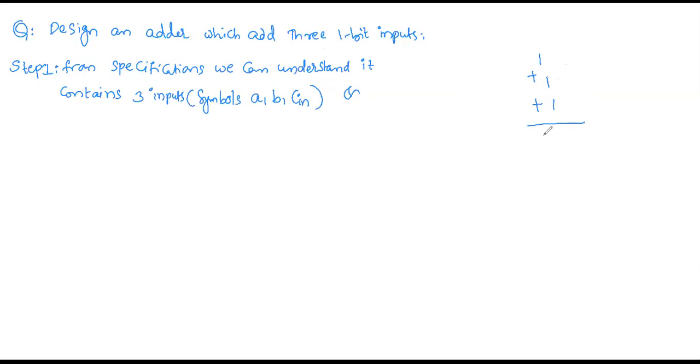When you add 1, 1, 1, you get 3. 3 can be written as 1, 1. So 1 is carry, 1 is sum. So this circuit will have two outputs. I am taking S for sum, C out for carry.